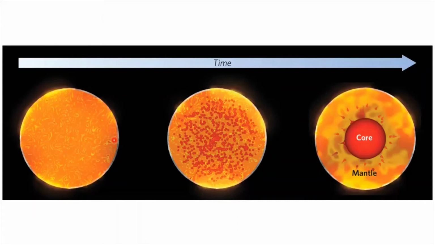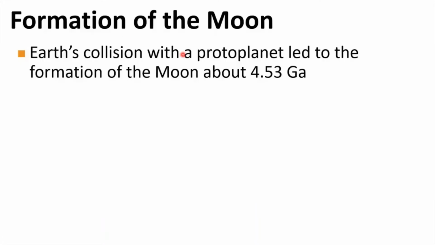So basically, during the Hadean, early Earth was molten, and during differentiation, iron and nickel, the heavier elements that were more dense, started sinking towards the center, and the rocky, lighter elements that were less dense started to rise toward the surface.